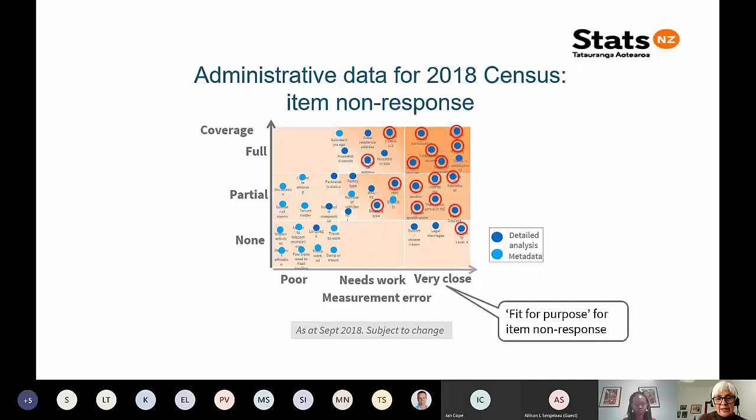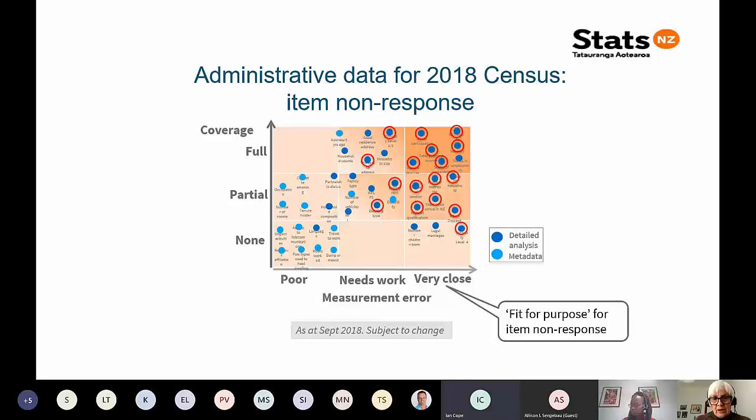And in the 2018 census, we didn't need administrative data for everybody. We wanted to fill in gaps for the information for people that we didn't have the information for. And so we were looking for variables where the concept was fairly close to what we wanted to measure in the census. And the variables in the red circles are the ones that we have actually used and brought through to the 2018 census file.